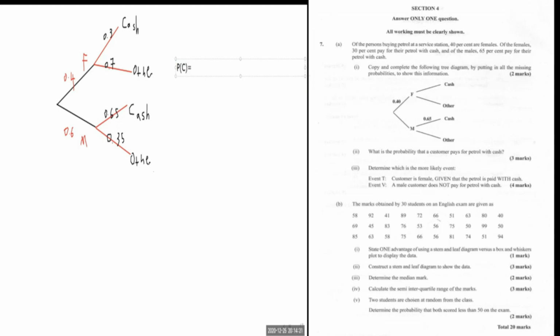The probability of the person paying with cash, it can either be a female paying with cash, so that's 0.4, probability of female, times cash, 0.3, plus it can be a male that is also paying with cash, so that's 0.6 times 0.65. That will give you the probability of a person paying with cash.